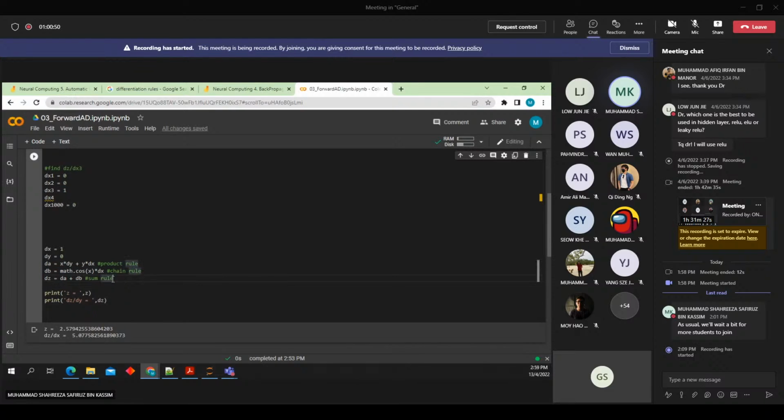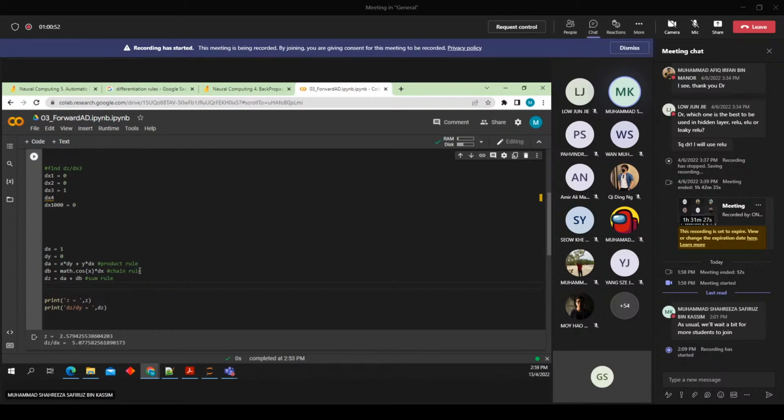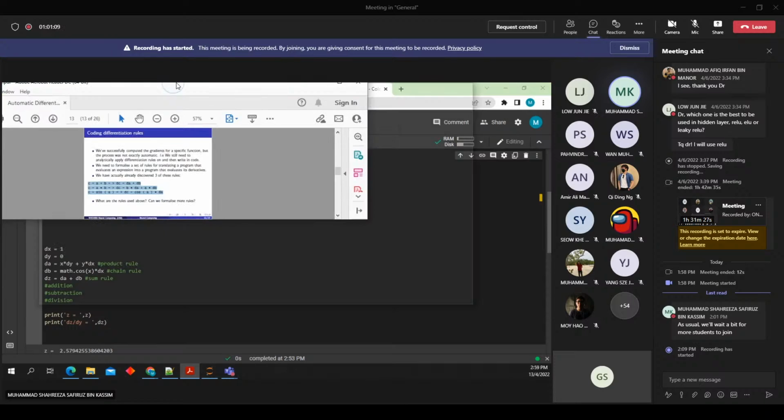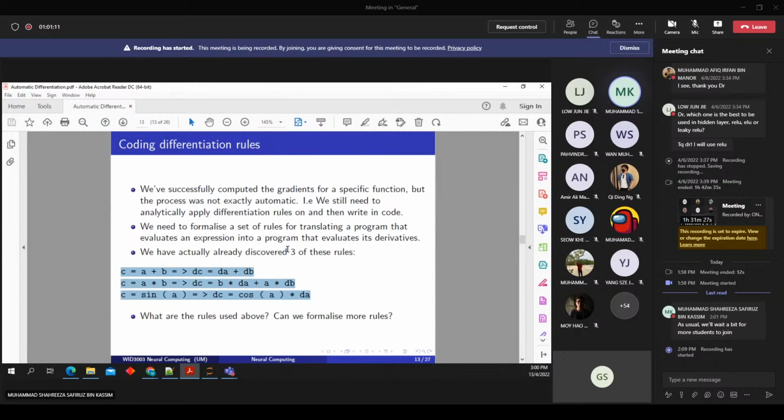So instead of just the sum rule, you also have addition, subtraction, division, and so forth, right? And all the different differentiation rules to cover the different cases or situations that we need to handle.